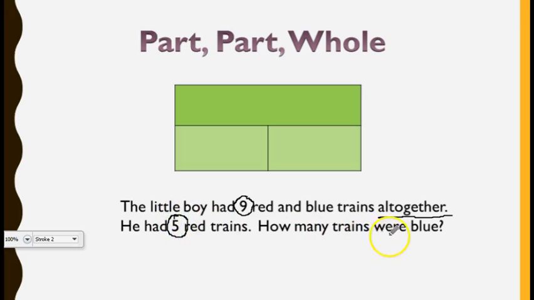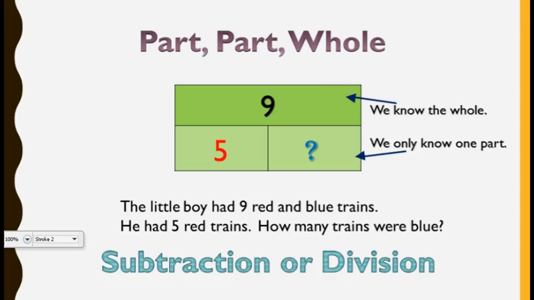But what we don't know is how many of them were blue. So this is what it looks like with the information we have. And when it looks like this, when we know the whole, but we only know some of the parts or one part, that's when we know we're going to be subtracting or dividing. Okay? All right.